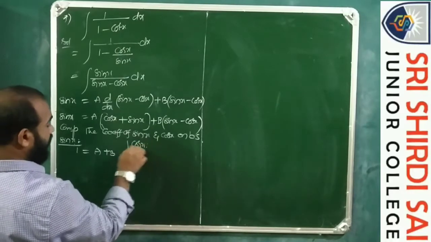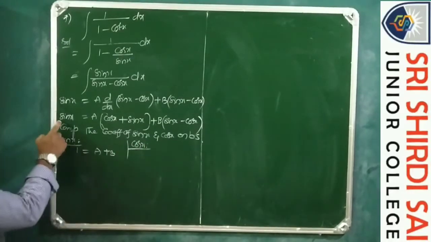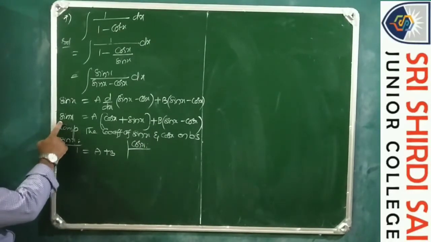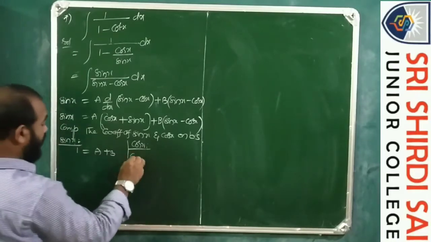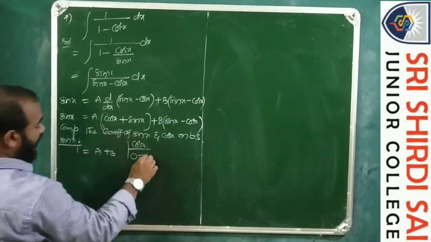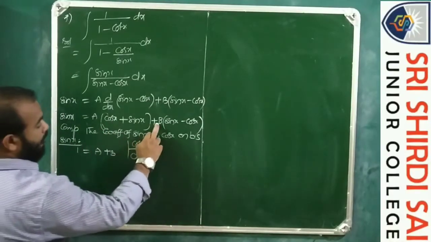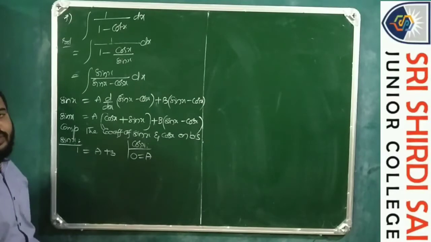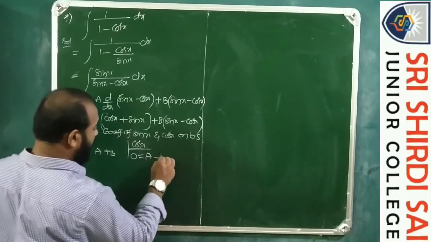Cos x, we will compare. There is no cos x in the LHS, so its coefficient is 0, equal to a, the cos x coefficient. Here b into minus cos x is minus b cos x, so the coefficient is minus b.